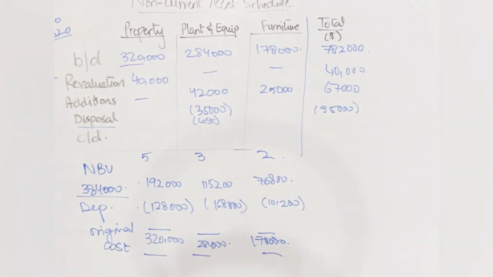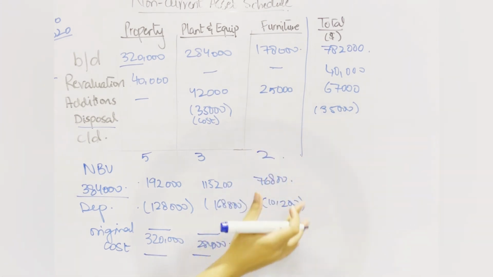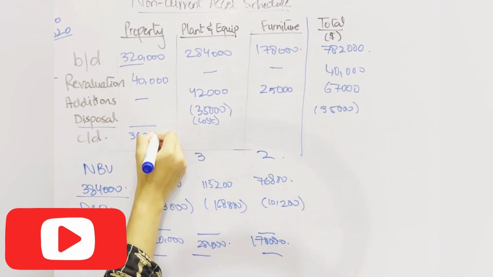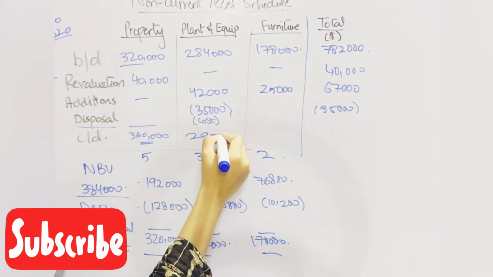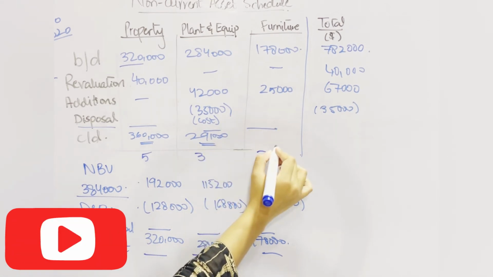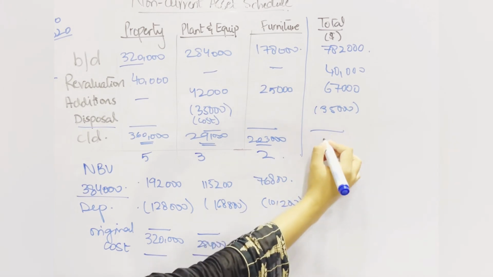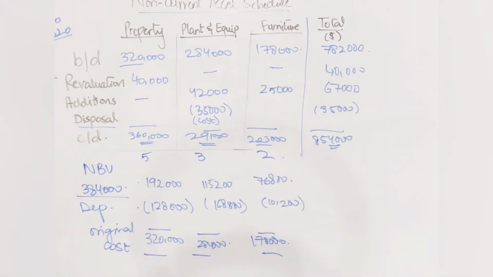And now you can easily write the carry downs and balance off. Also horizontally and even vertically you can account, and you can get to know if you've added the correct amounts. So this is the final carry down that we have now calculated. It's very easy. If you have any confusions, write down in the comment section and we'll discuss that soon. All right, so we just put in the figures in the format and we're done with this part.